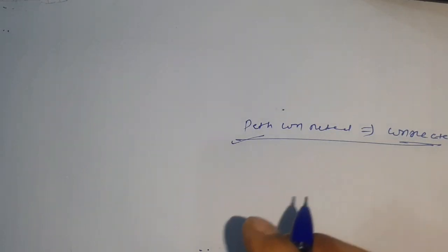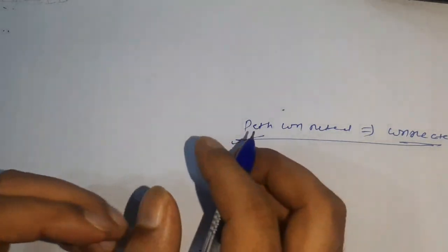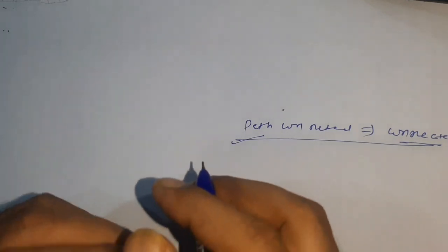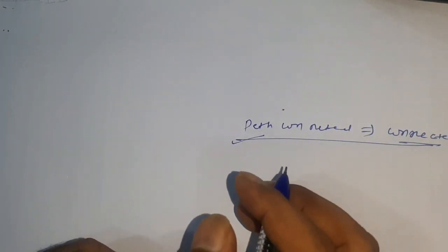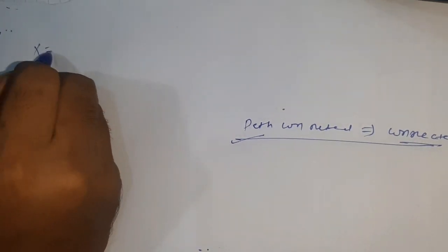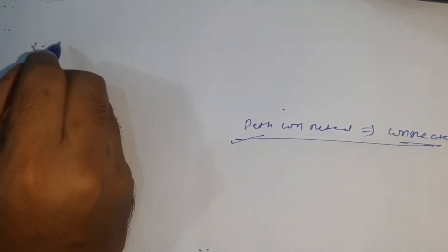So let's start. I will discuss the topologist's sine curve. This is an example in R2 which is a connected set but not path connected set. So what is the topologist's sine curve?